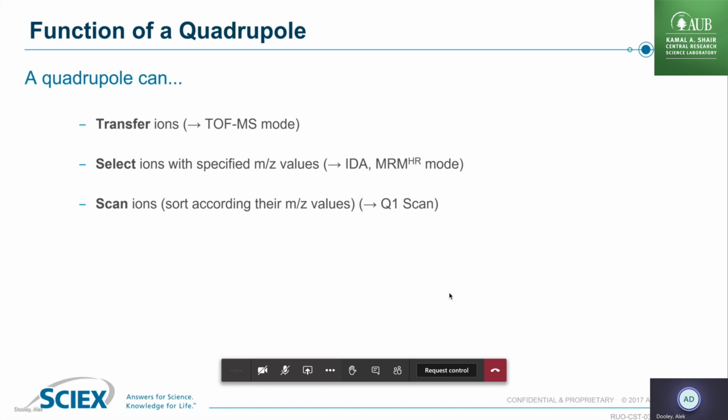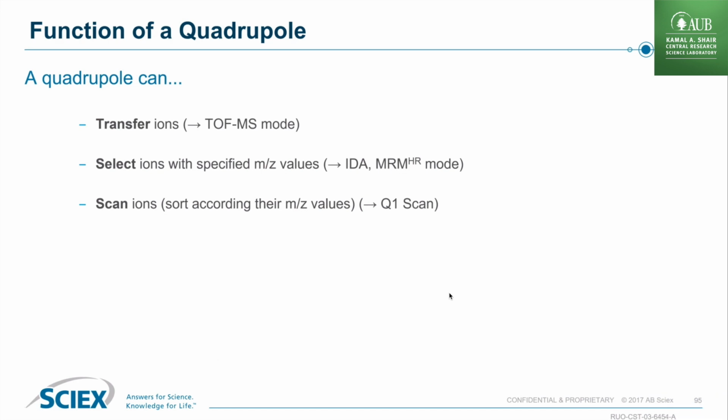Let's say, a scan from 100 to 1,000. In a QTOF instrument, we have the time of flight, and the time of flight does the scanning for us. And the time of flight is much faster, and as we already learned, has better resolution and better mass accuracy and all these things. So for that reason, we rarely use the scan of the quadrupole in a QTOF instrument.